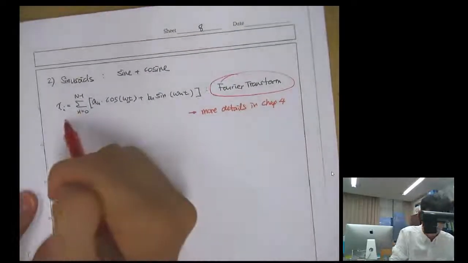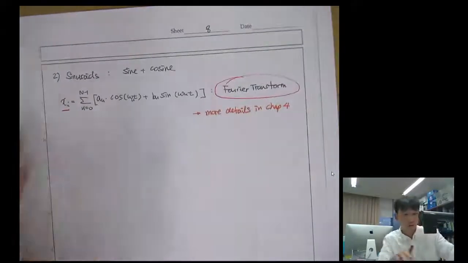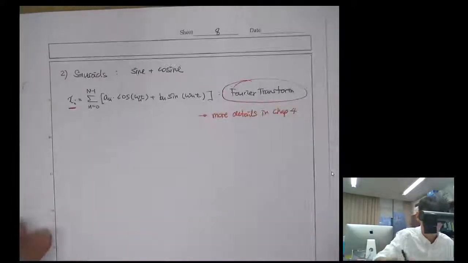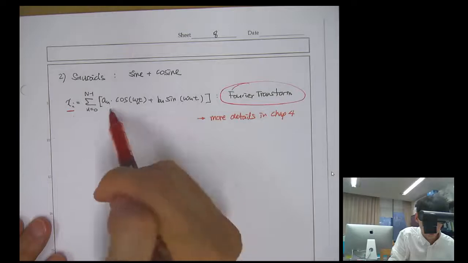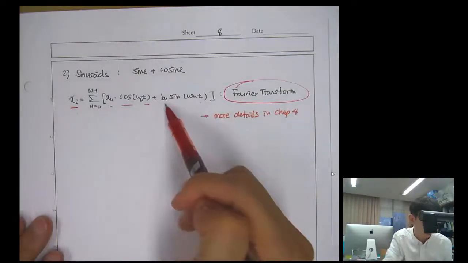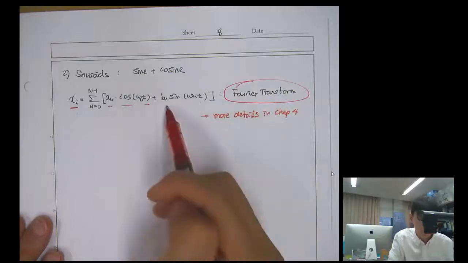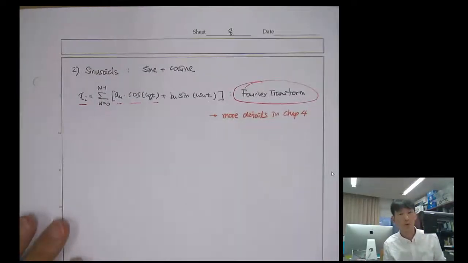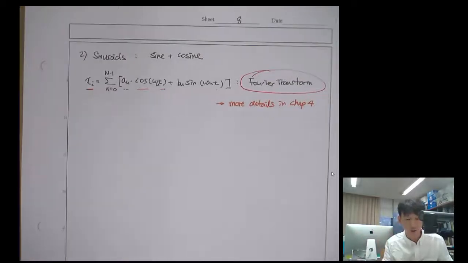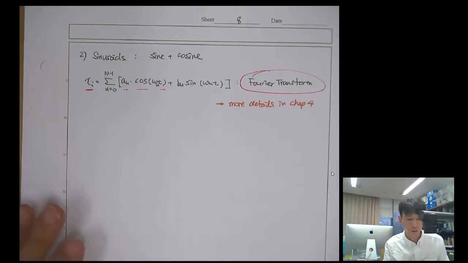So here the xi, this function, is expressed with the cosine and sine with the AU and BU. Here the AU and BU tell you the amplitude at that frequency, and they are fitted with the least square fitting method.